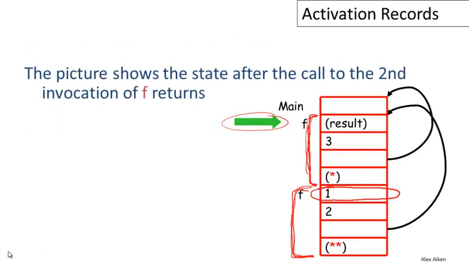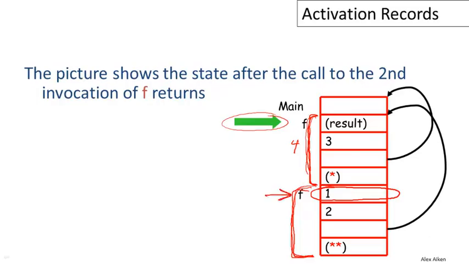Let's back up and just see that. So here, when the second call to F has returned and the first call here has resumed executing, the code for this call will know that the size of this activation record is 4. Okay, there are 4 words in this activation record. And so it can find the result of the procedure that it called in the 4+1 position, 5 words past the top of the frame.